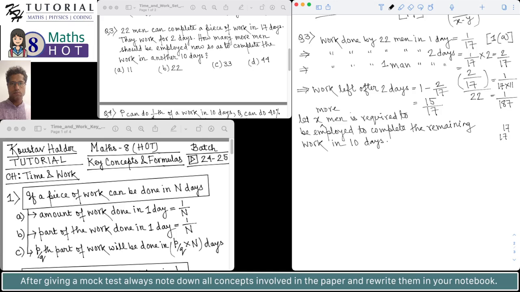Now the concept that I will apply to solve this problem is that I will find out the amount of work that will be done by 22 plus X men in 10 days.